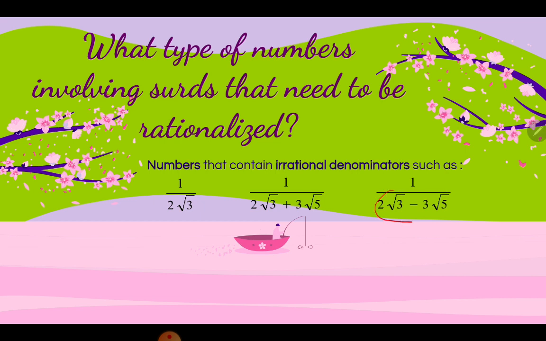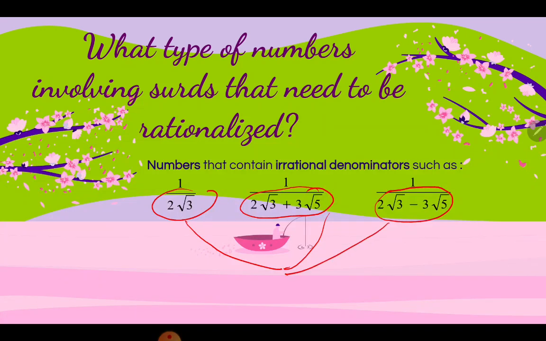So the similarity between these three examples is the surds are at the denominator. So when we talk about surds at the denominator, we need to rationalize.